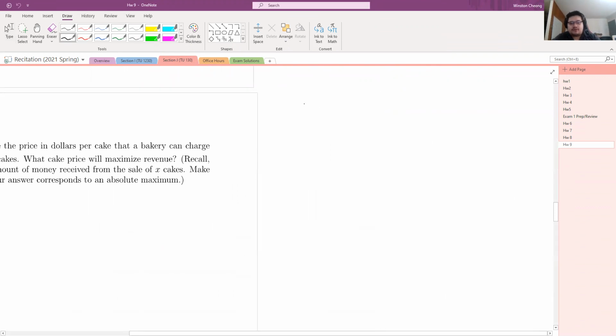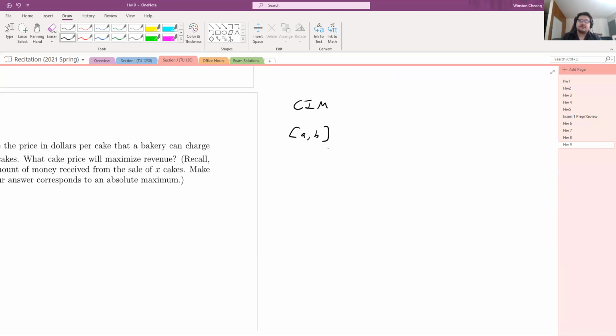The first thing that you can use is the closed interval method, which we have used in previous problems, where you know that a function is defined on a closed interval from A to B. You would find critical points inside that interval, test your function at the endpoints and at the critical points, and pick out the maximum or the minimum value.